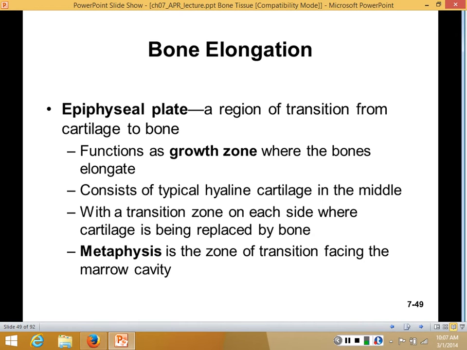Now, if you look at zones 2 and 3, your chondrocytes proliferate, which means you're going to get a lot of them forming, and they're going to multiply as well. Now, if you look at zone 3, zone of cell hypertrophy, hypertrophy we know means enlargement. So your chondrocytes are going to enlarge in zone 3. Now, I brought this to your attention. Zones 2 and 3, guys, are responsible for the bone elongating.